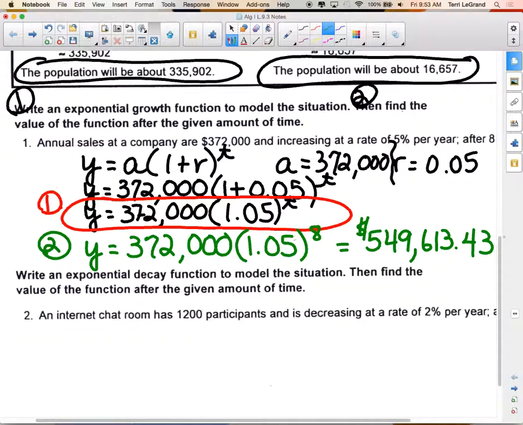See if you can figure out how to do that in your calculators. In other words, put in 1.05 and raise it to the 8th power first and get that answer. Does your calculator allow you to then say times 372,000? Yeah, that's what I do. You don't round in the middle; you just do the power first and then go back and multiply. Yeah, that works too. But this is the answer we should get, because we don't want to round in the middle of it. So this is answer number 2.